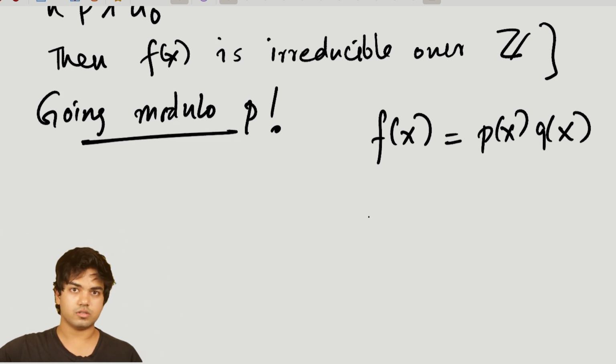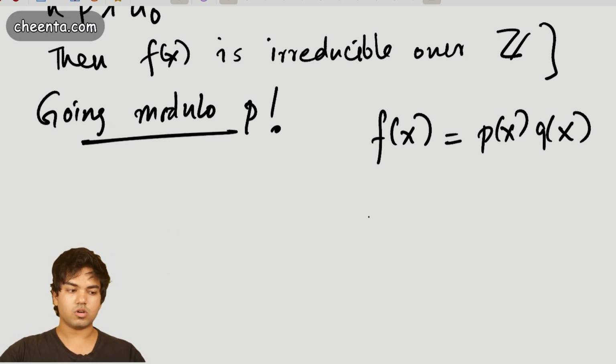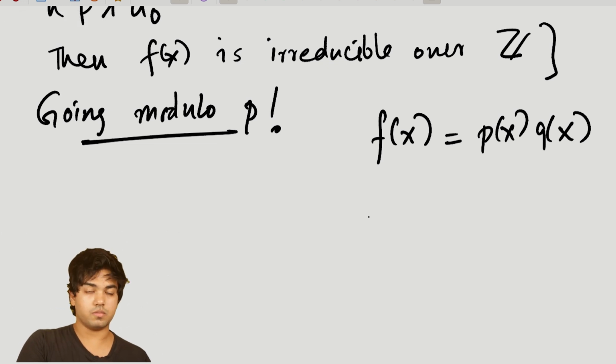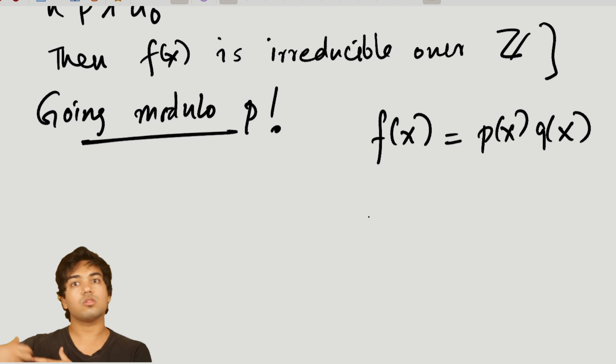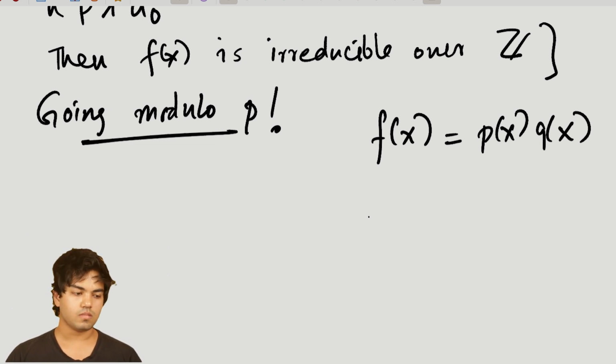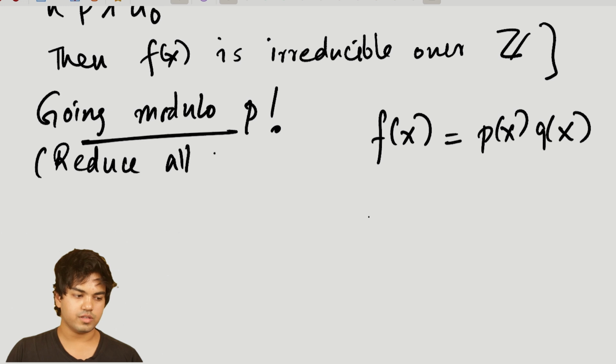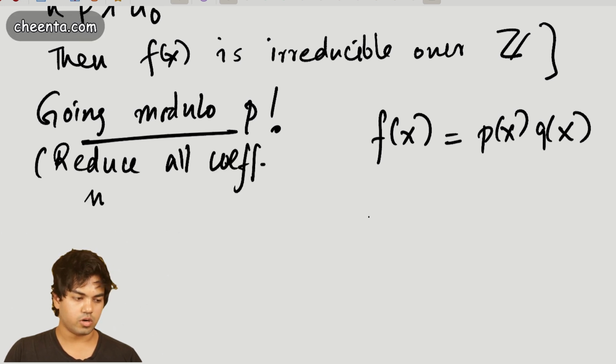Just reduce all the coefficients modulo p and work within the framework of modulo p. So if you just look at the polynomial modulo p, all the coefficients are being worked modulo p, and all the roots will be worked modulo p. So it just means reduce all coefficients mod p.